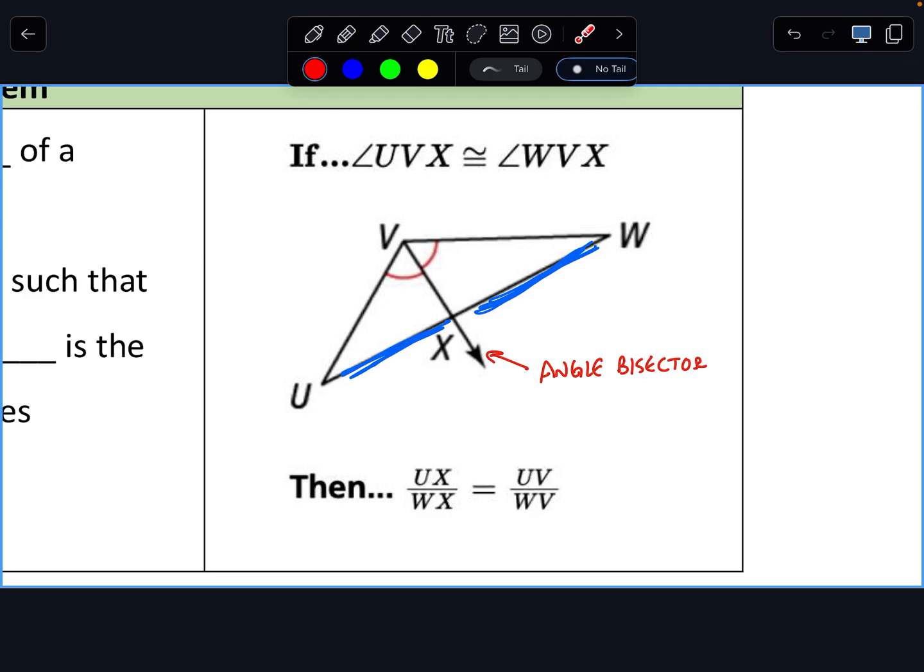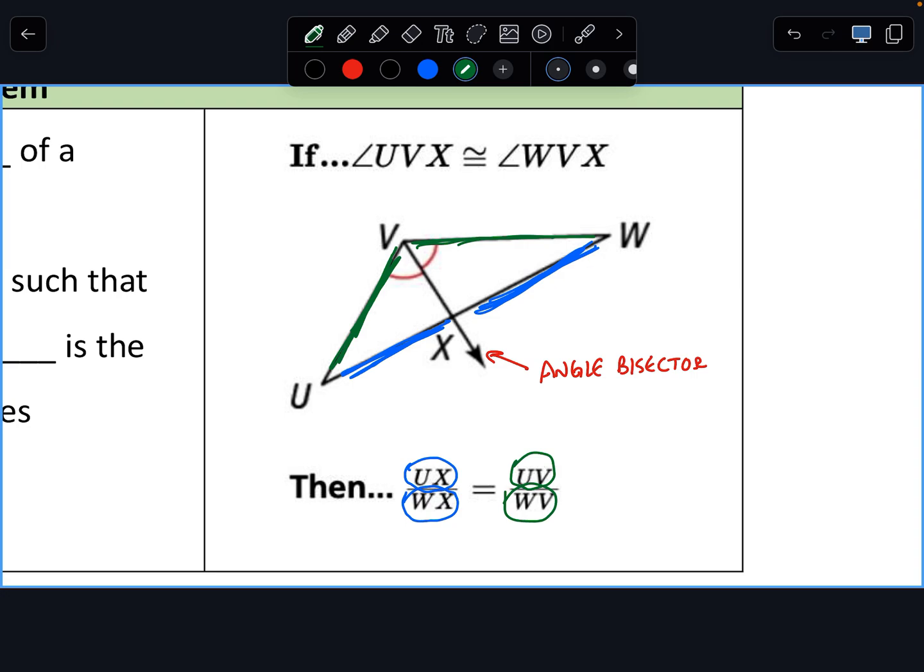So what we do here is we make a fraction out of the two pieces of that third side, and that's going to be equal to a fraction made out of the two sides of the triangle, UV and WV.